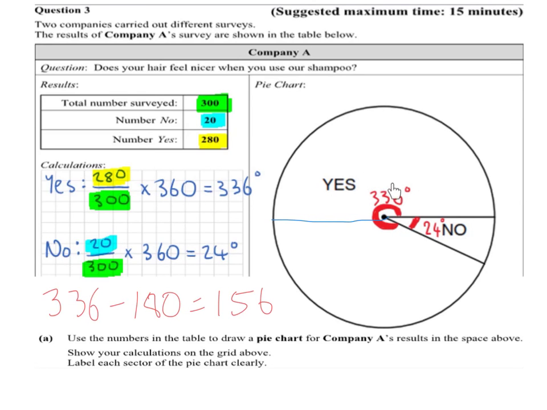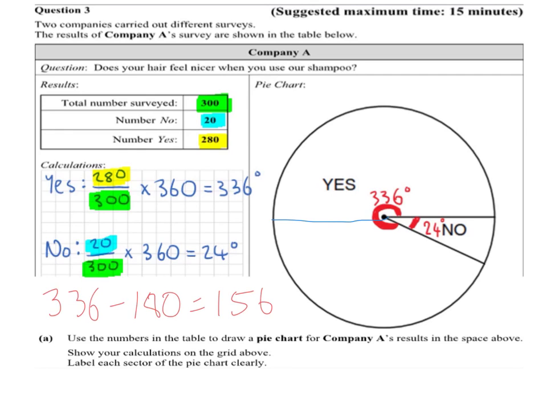So that's one way of drawing an angle of 336 degrees. We started off with a semicircle, which represents 180 degrees, and then we added on another 156 degrees, which is this sector here, and together they give us 336 degrees.